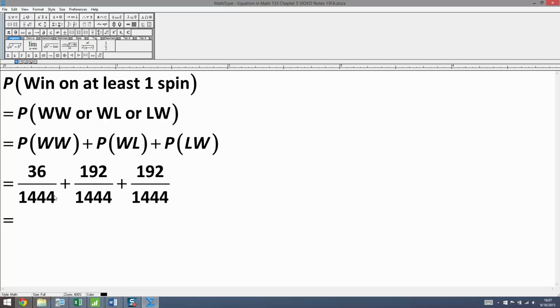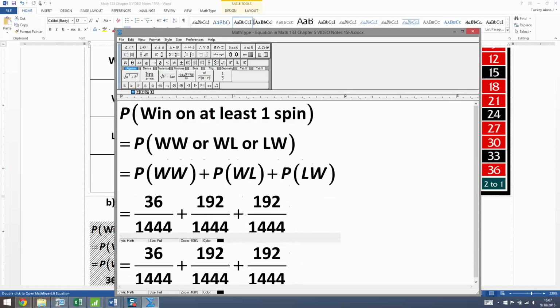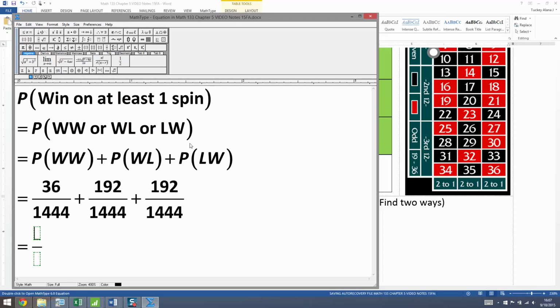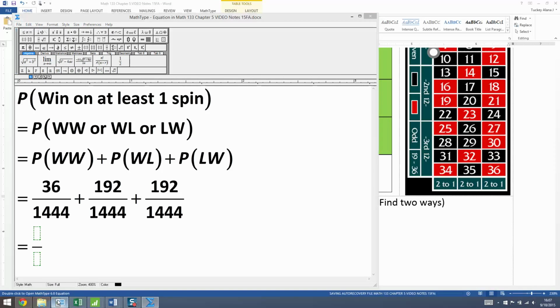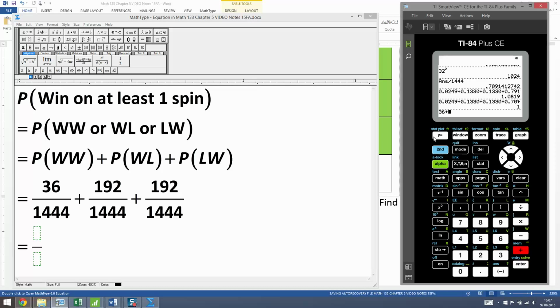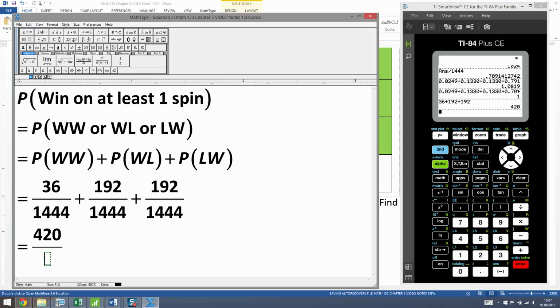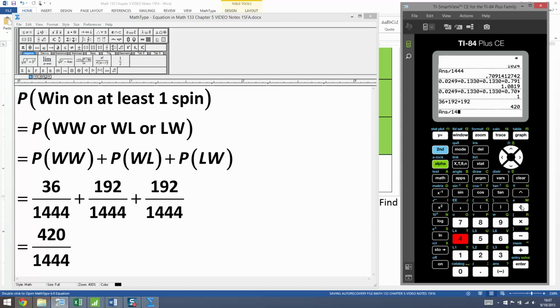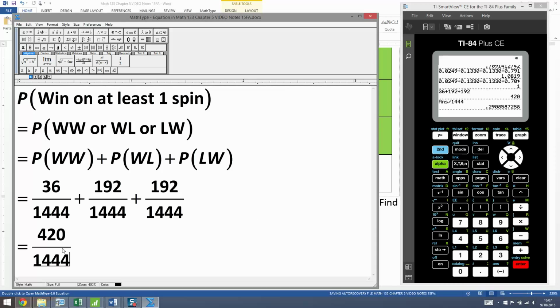Personally, I think adding fractions is fun because I'm nerdy. So 36 plus 192 plus 192 makes the numerator 420 out of 1444, and if we divide that, we'll get 0.2909.